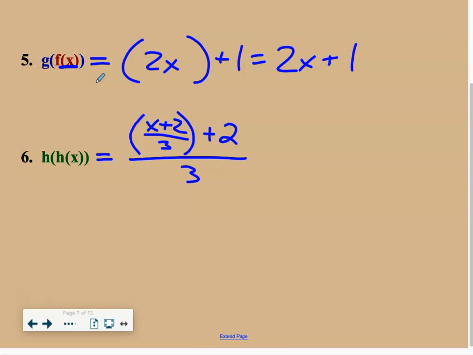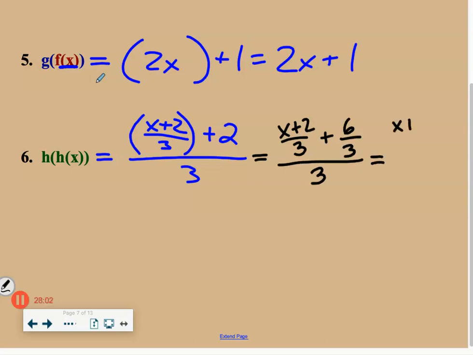So the long way is to find an LCD. So on top, we have x plus 2 over 3. So I need this to be over 3 so I can combine these fractions, right? So this is the same thing as 6 over 3 all over 3. So if I combine the fractions, I get 8x plus 8 over 3 over 3.